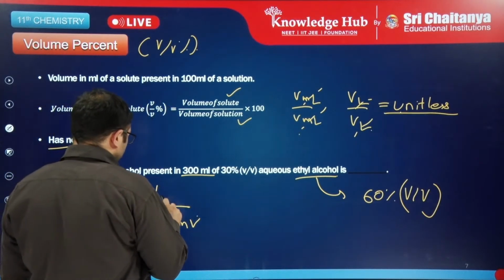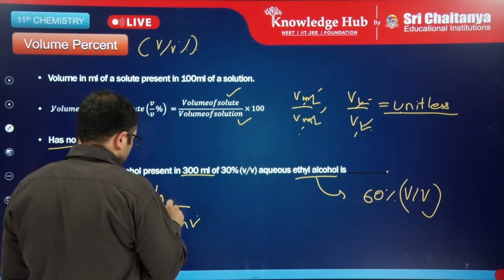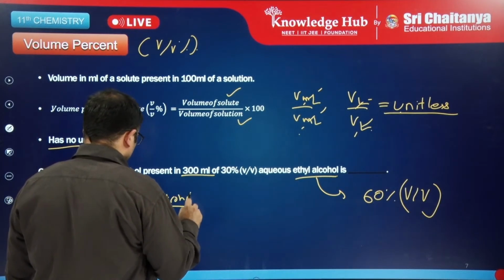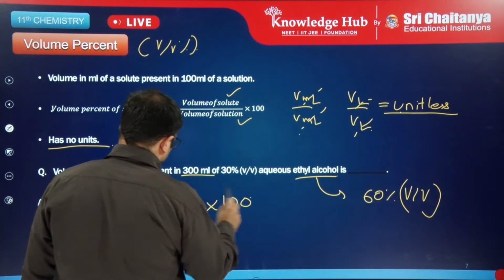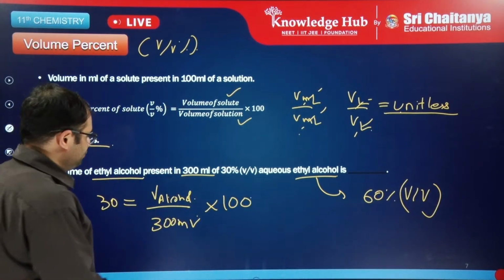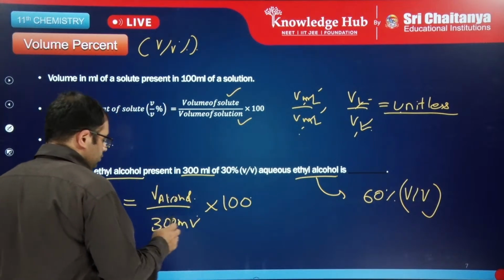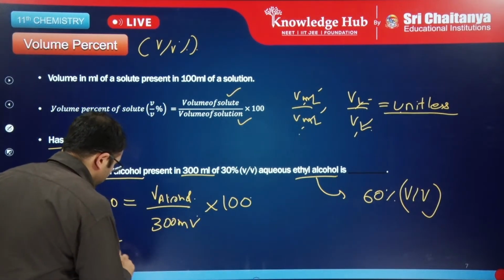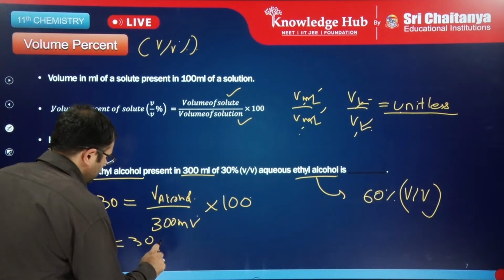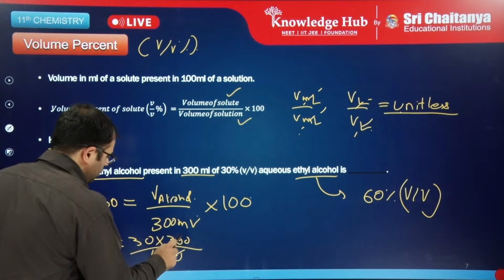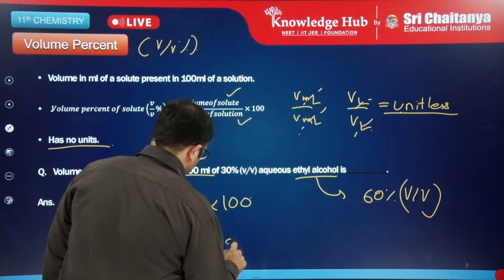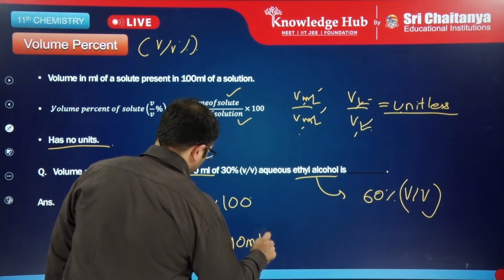So you have to find the volume of ethyl alcohol. See, this is a no-brainer question, right? So volume will be 30 into 300 divided by 100, 90 ml.